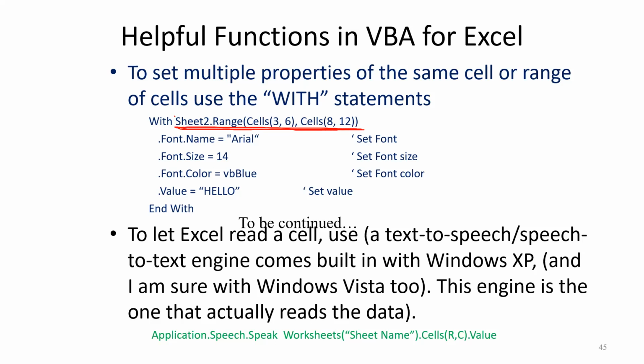This will identify this entire range, and we can change the font name of this range to Arial, font size to 40, font color to vbBlue, and the value of all these cells to hello, until End With. This dot represents this range, right?